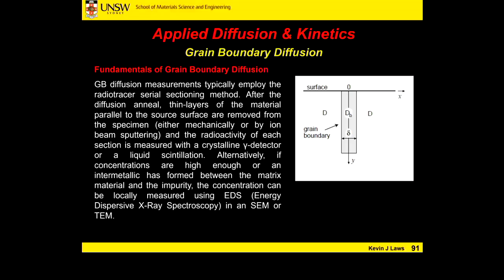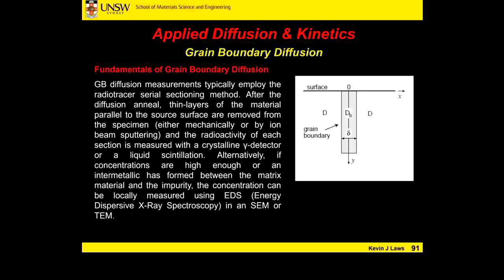So, grain boundary diffusion measurements would typically employ a radio tracer. If we're looking at self-diffusion, we might get a radio tracer element that we on purpose introduce into our surface layer so that we can then see how far that same element is diffusing into the material and along the grain boundary.